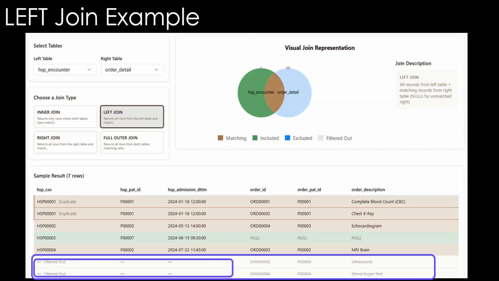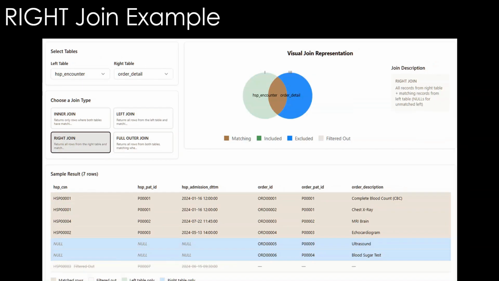And this too can have a filtering effect. However, you're going to see that there's only the filtering in one direction, that we will only filter out detail that is present in the right-hand table, but not present in the left-hand table. So that is just one side of that filtering out problem when you do a left-handed join.